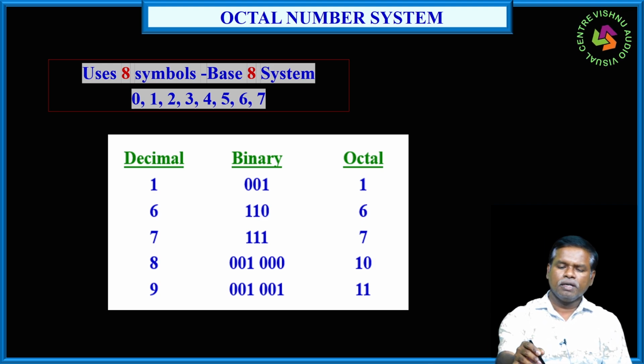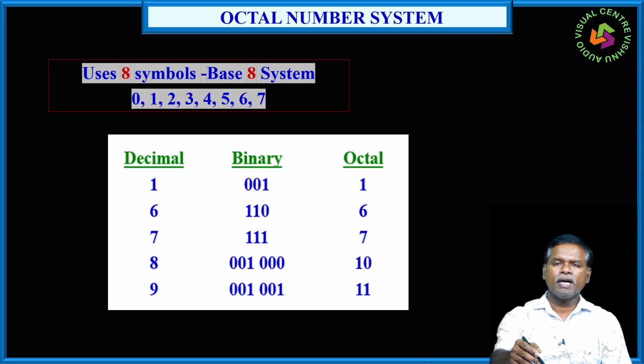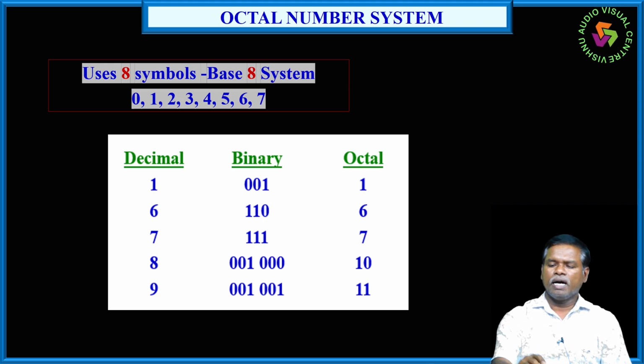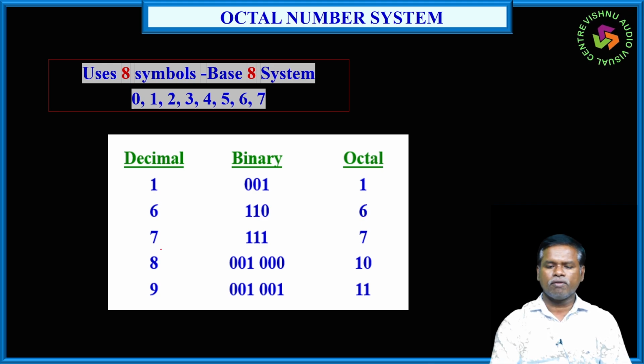If you observe this table, the first column is our familiar decimal number system, then its equivalent in binary, and the last one is the octal number system. The decimal 1 is also 1 in octal, 6 is also 6, and 7 is also 7.